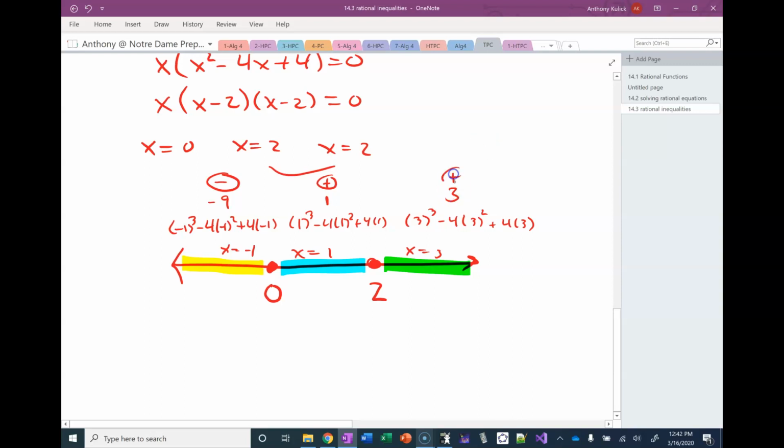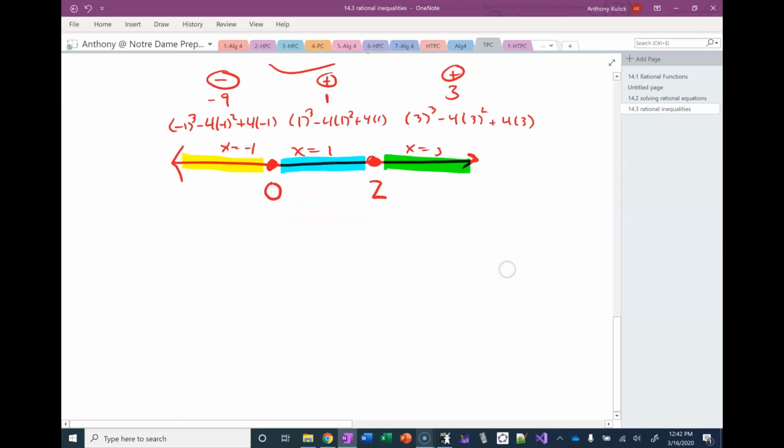You could do that on your calculator too. You don't have to do it with mental math. I don't know why I'm trying to, it's totally unnecessary.